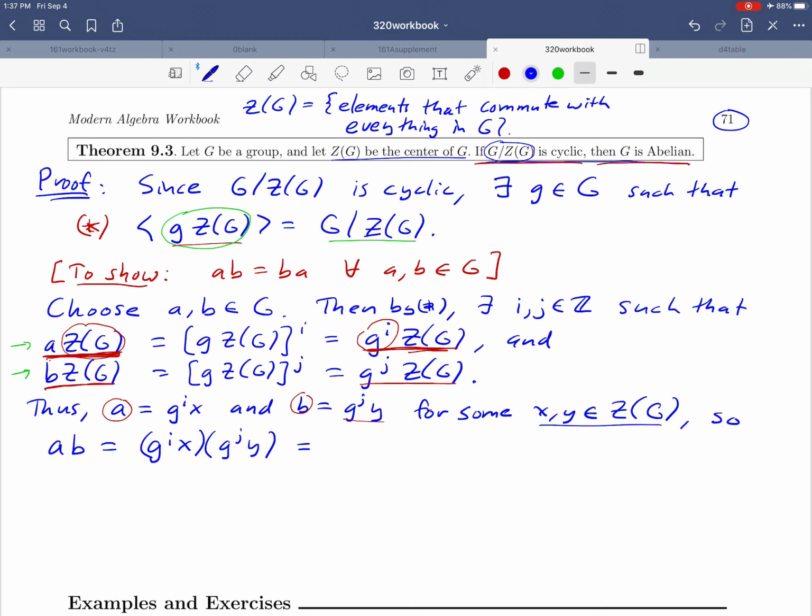It just means that it commutes with everything in our group. And that means then that we can take this x and we can move it all the way to the end if we want to, because it commutes with every element in our group. So this is equal to g to the i times g to the j times yx. That's an important step, so I'm going to remind you of the reason there.